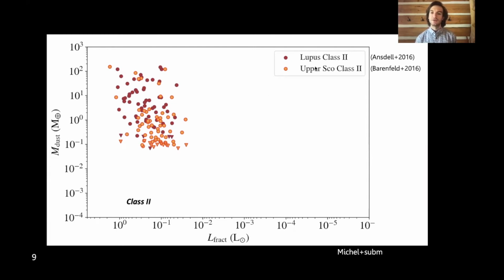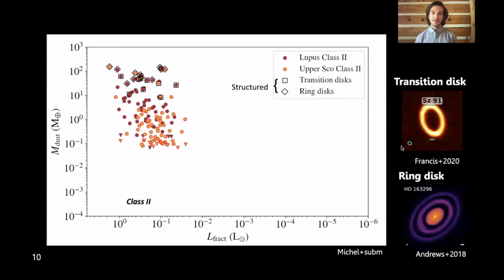First we have the Lupus class 2 disks and Upper Sco, and we can already see that the Upper Sco disks are generally of lower millimeter dust masses. Then we can delineate which ones of these are structured, and that is transition and ring disks, which have been observed to have rings and cavities in ALMA observations. We can see that they populate the higher mass end of these class 2 disks, being extended as well as very massive.